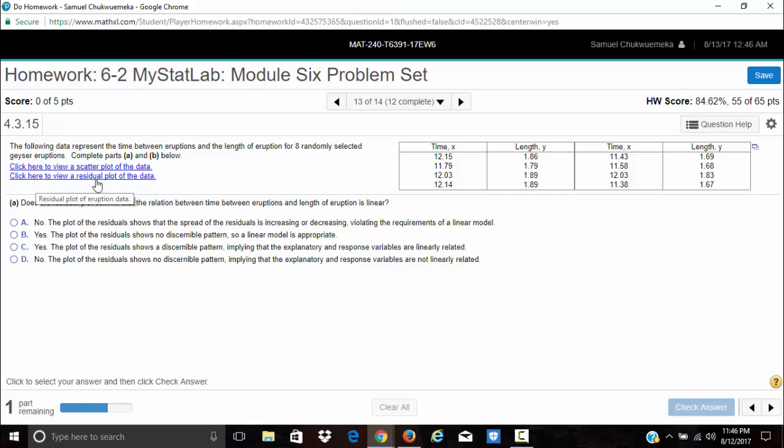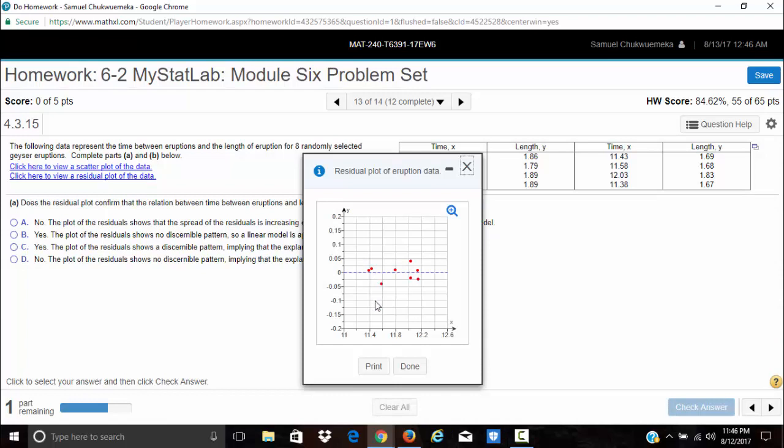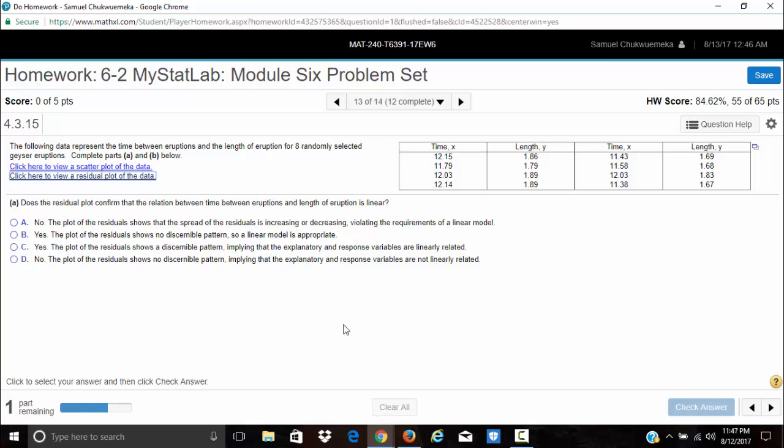Looking at this residual plot, you see there's no discernible pattern, and because of that, a linear model is appropriate. So we'll say yes, the plot shows no discernible pattern. A linear model is appropriate.